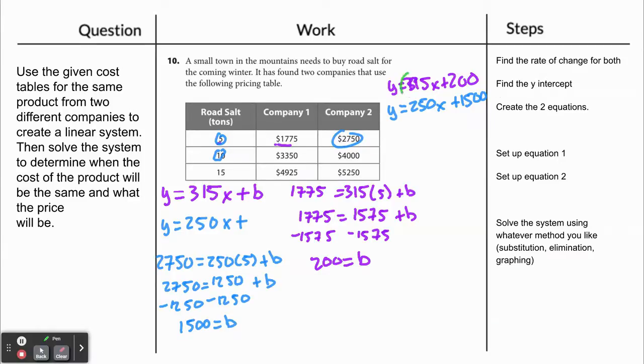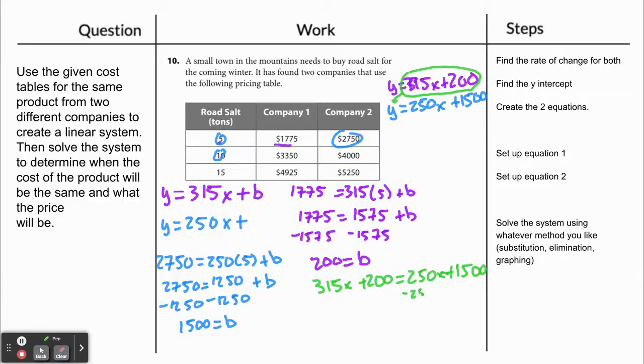So now to solve the system to find out when they are equal, I'm going to use substitution by plugging this equation in for y. So I get 315x plus 200 equals 250x plus 1,500. And now I'm just solving for x.